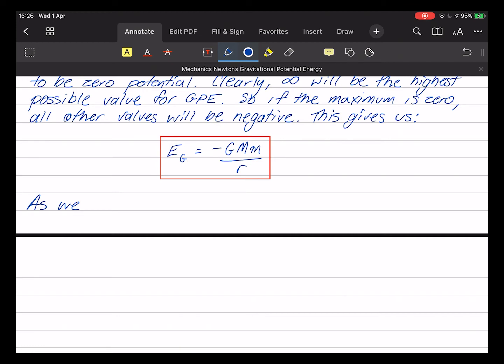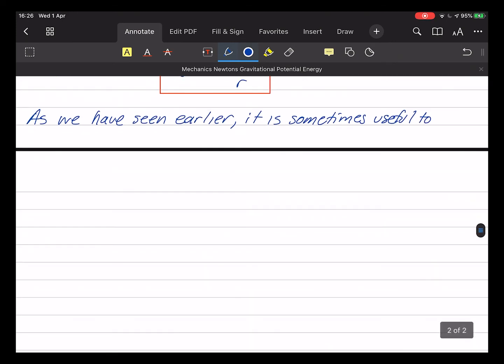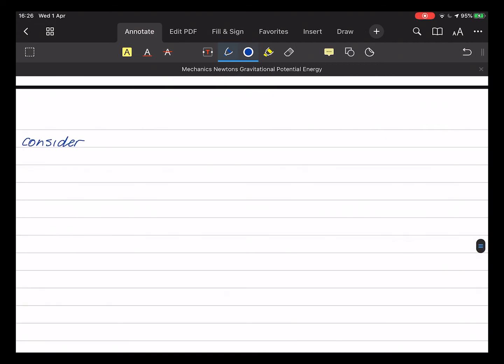For the notes, as we have seen earlier, it is sometimes useful to consider the concept of mechanical energy.